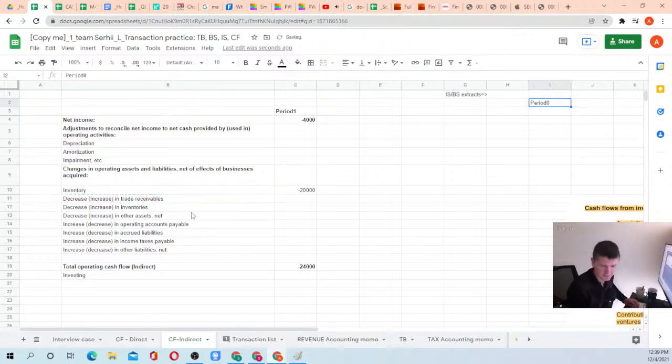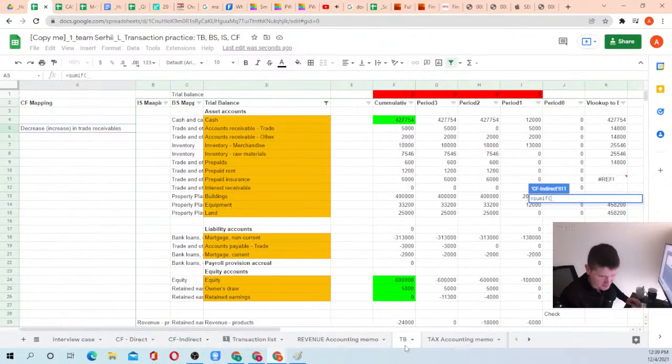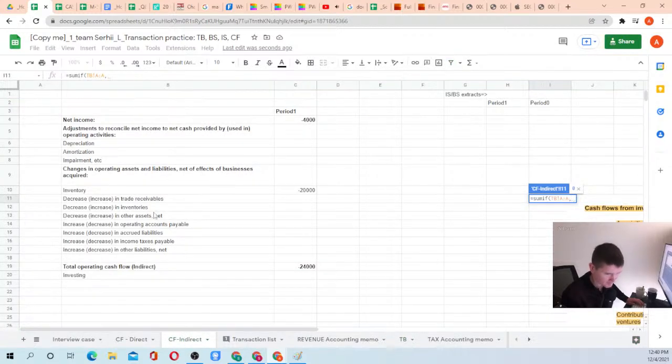Period 0, period 1, and so on. Okay, and because on our trial balance periods are already separated, I just can use the sum-if function and not a sum-ifs function. So I only need one criteria.